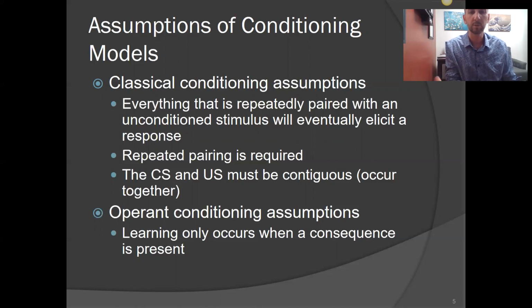And the operant conditioning assumption is that learning only occurs when a consequence is present. So if you learn in the absence of a consequence, and of course barring classical conditioning, that would not be a part of this model.